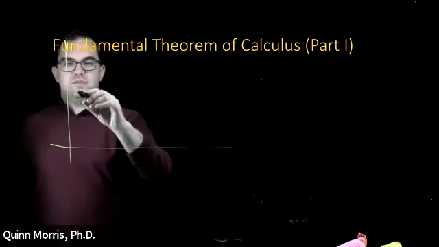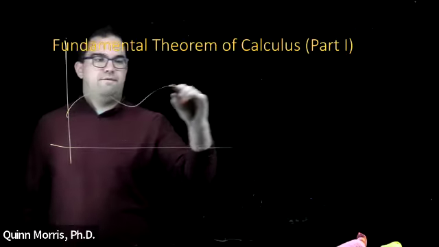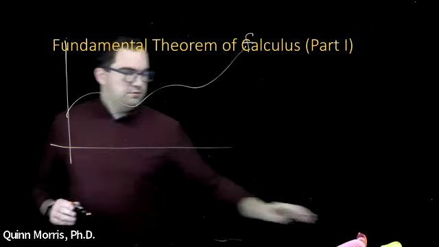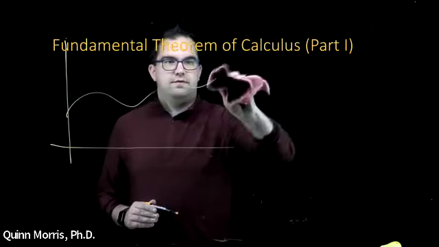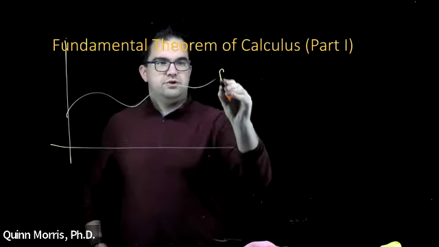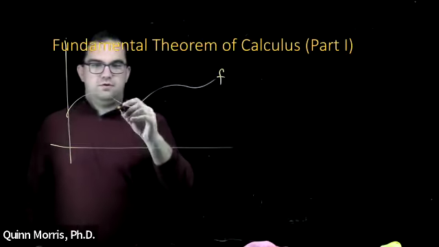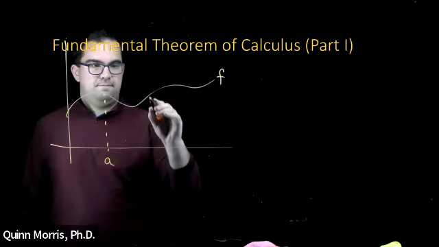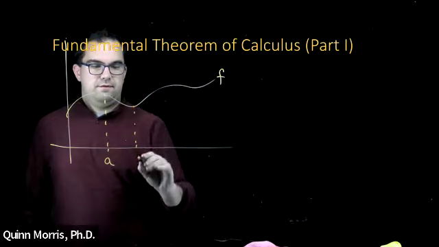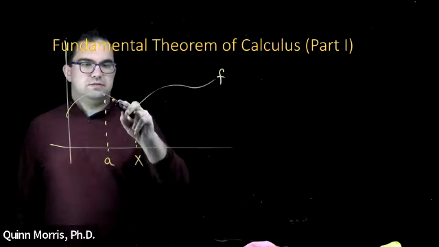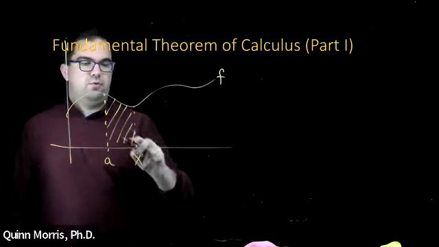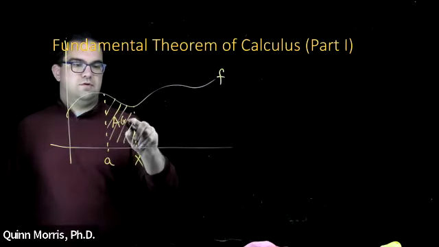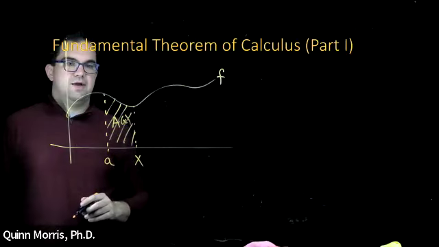So we have some function f. And let's say here is a, and here is some point x. So at some particular point x, A of x would give me this area.